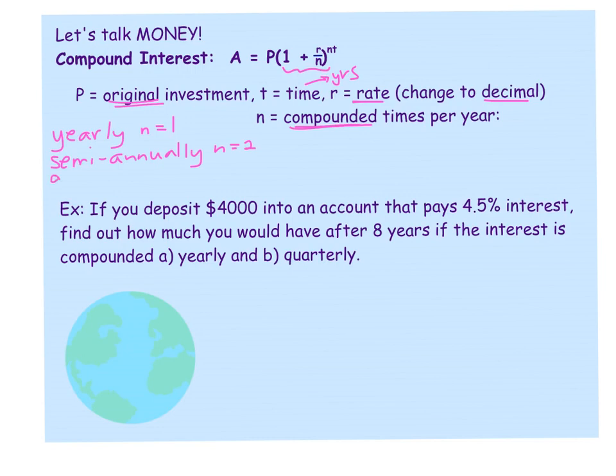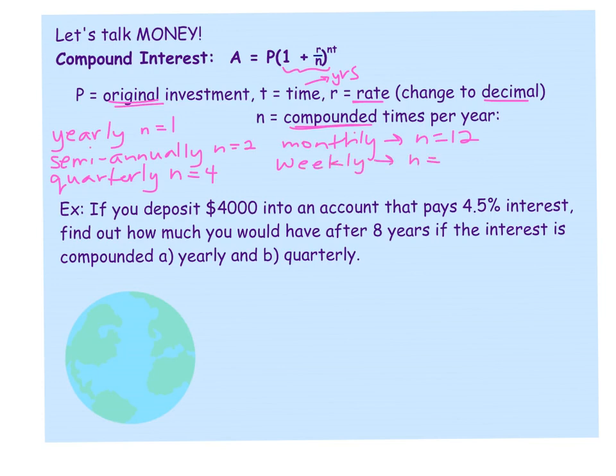Another common way to compound interest is quarterly. And in a given year, quarterly means 4 times. You could even have monthly. That's kind of exciting. You earn money on your account every month, so that means N equals 12. Weekly, pretty good incentive to go there.